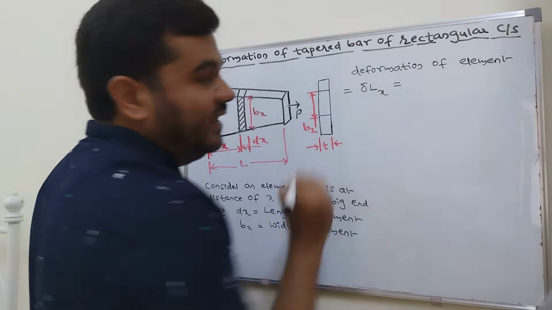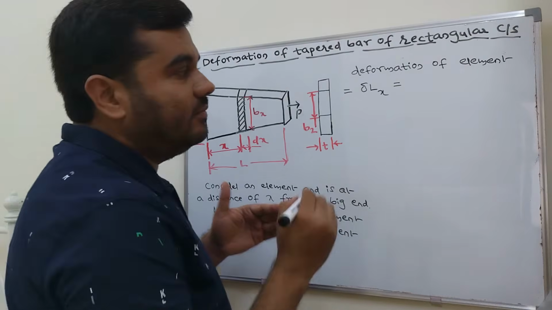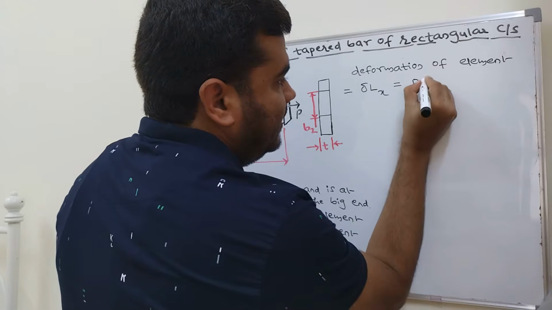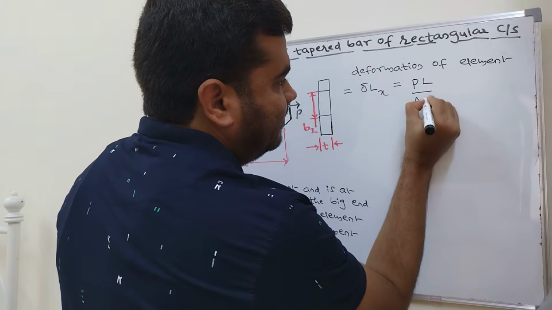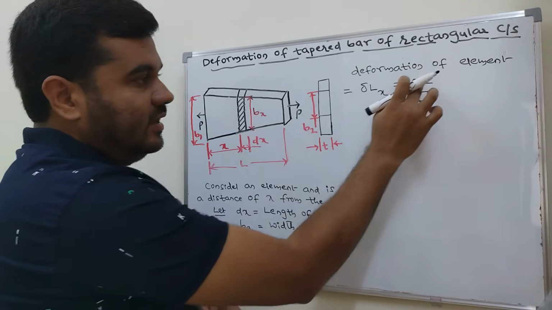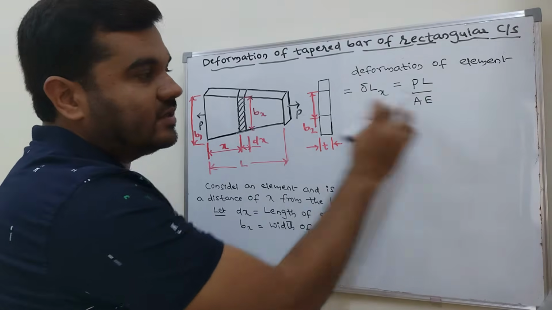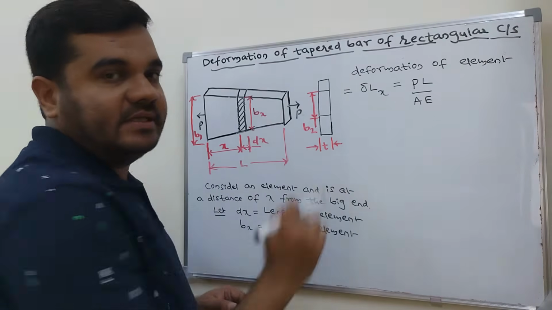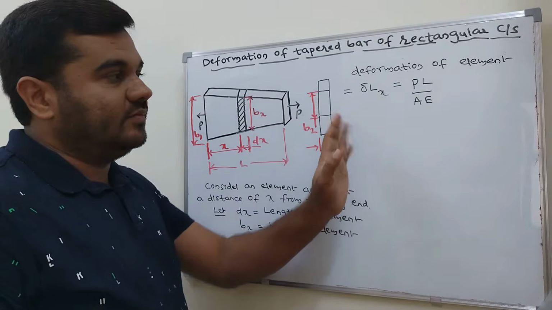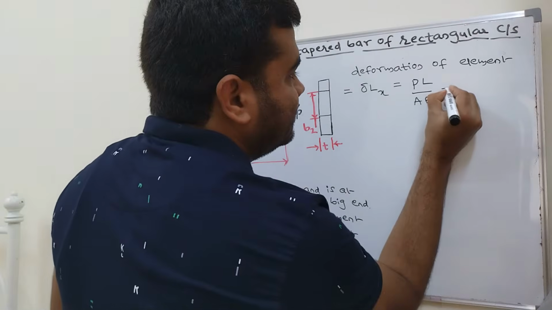What is the formula for deformation? The general formula is PL by AE. That is normal PL by AE. Where P is applied load, L is length of the element or length of the bar, whatever it may be, A is cross section area, and E is Young's modulus. If you apply this formula to the element, how will it become?